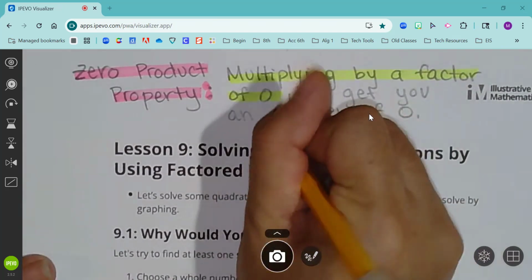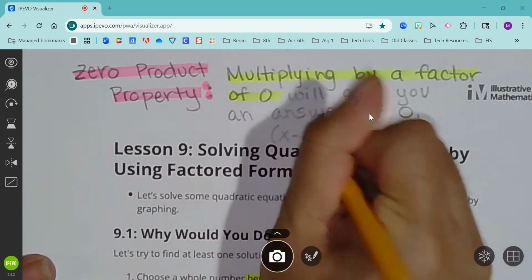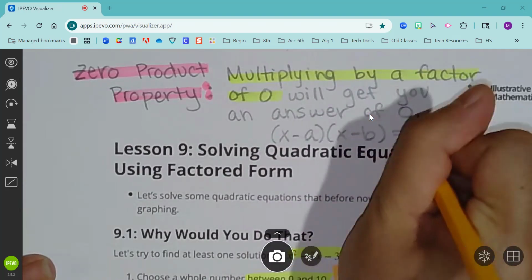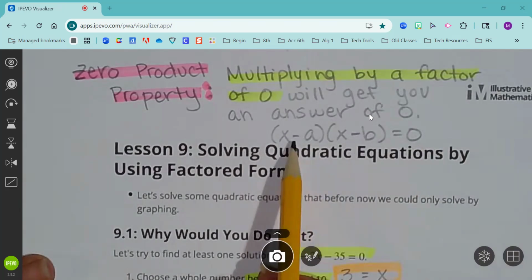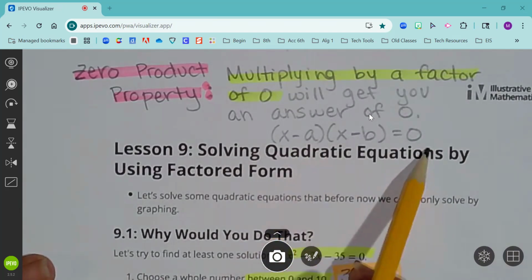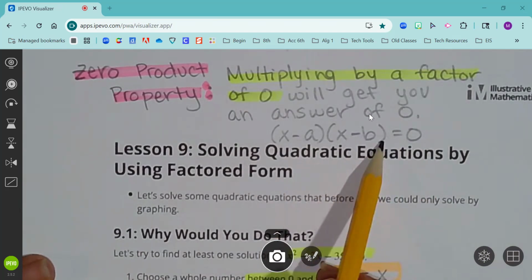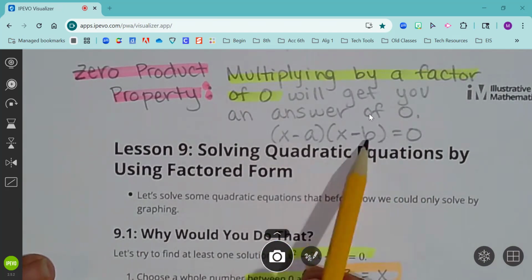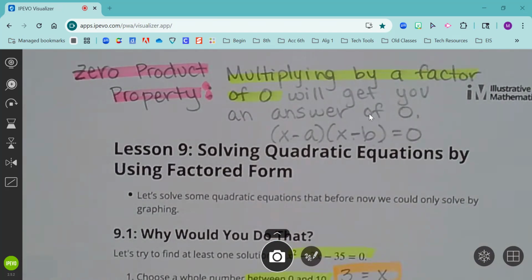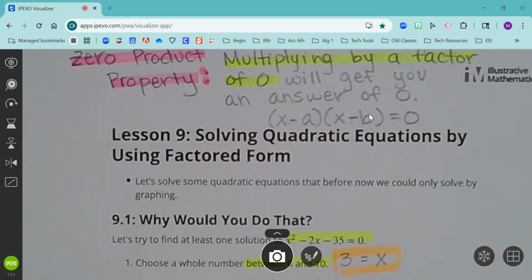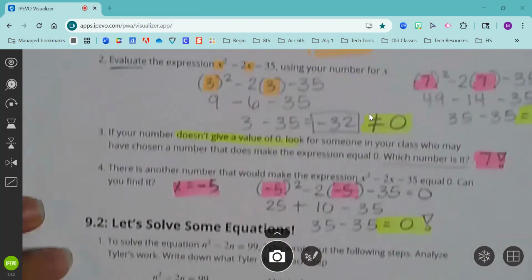So what I mean by that is if we could get x minus a times x minus b equal to zero, x minus a could equal zero, which makes this whole thing zero, or x minus b could be zero. If this is zero, then this zero times this would also equal zero. So that's the idea of the zero product property, which you may have heard about in prior lessons. All right, so let's continue on.